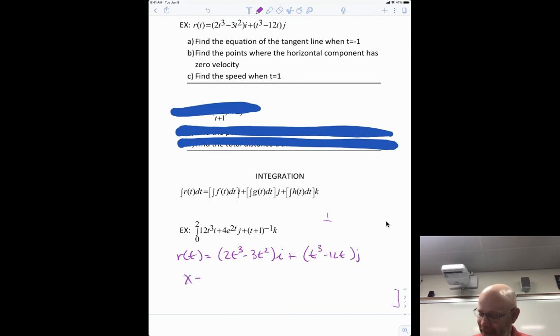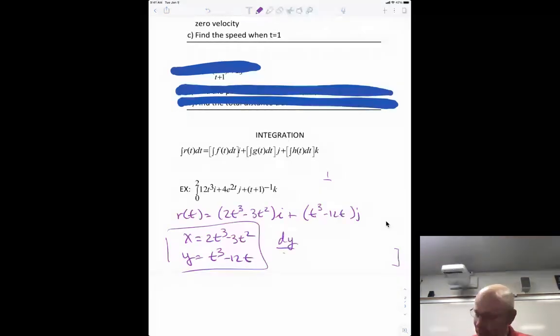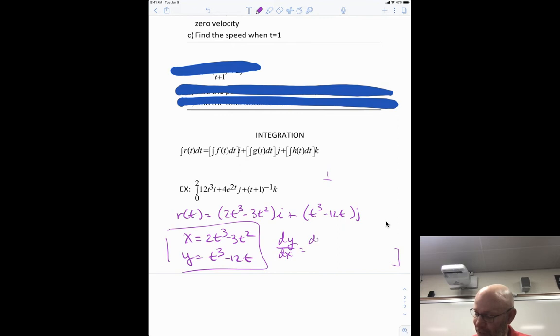Remember, this is like saying x is 2t cubed minus 3t squared, and y is t cubed minus 12t. So keep this in mind, that these parametric equations are going to help us solve these problems because they really are parametric equations. So when I say find the equation of the tangent line, I need the slope, which is dy/dx, which from parametric, I hope we remember, is dy/dt over dx/dt.